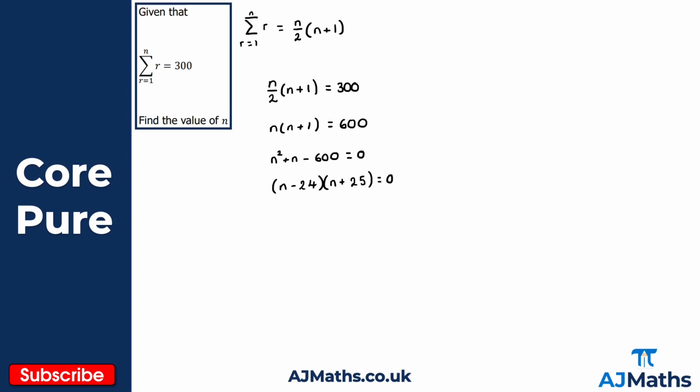Okay, so that would give us the positive value of n. In this case then, we get this from this bracket here, and we can see then that n must be equal to 24. Okay, so obviously n can't be equal to minus 25. It must be the positive value here. So therefore n is equal to 24. And that gives us the solution there to question 1.